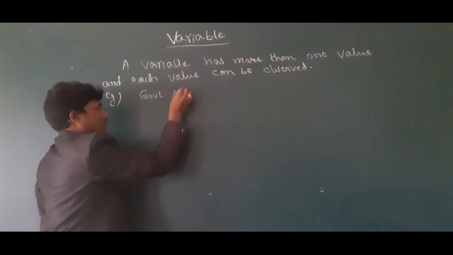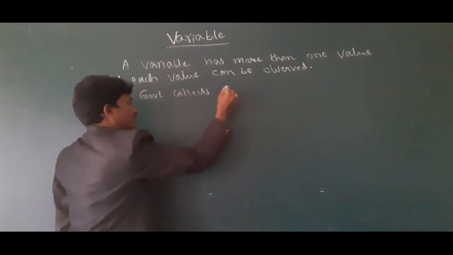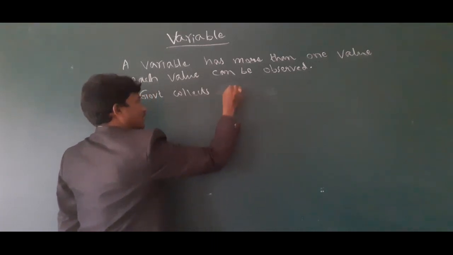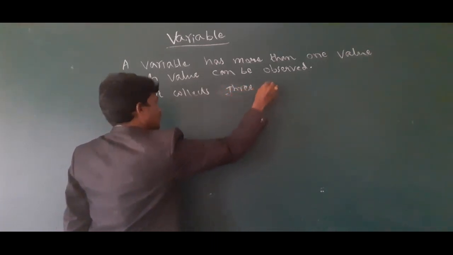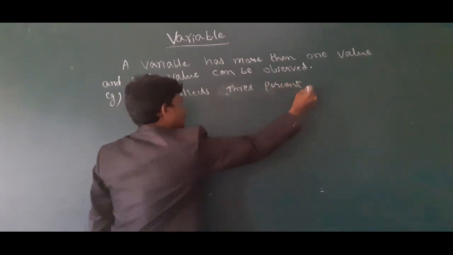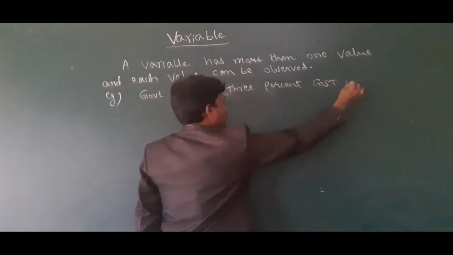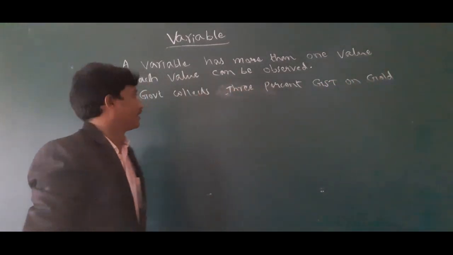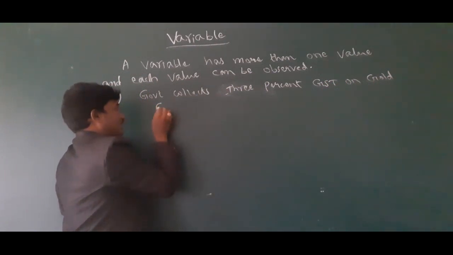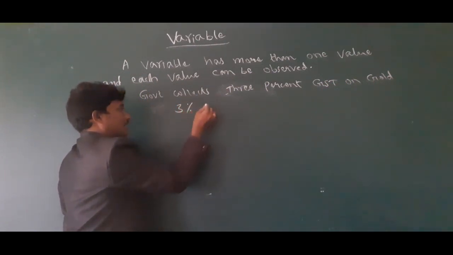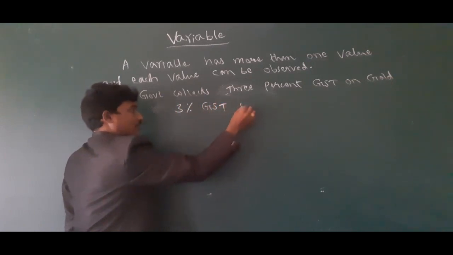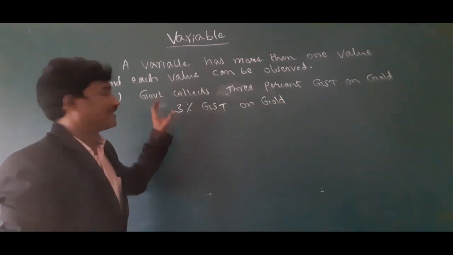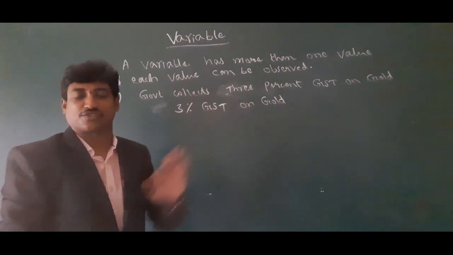The government collects 3% on the cost of gold.